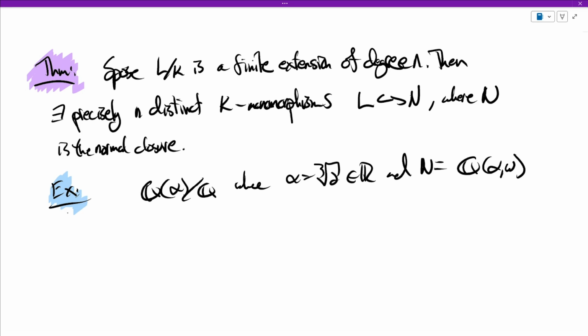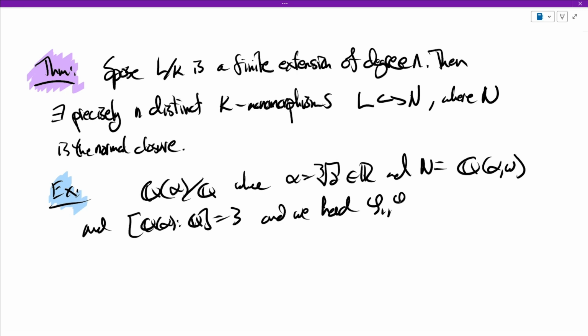And the degree of Q adjoin alpha over Q is clearly 3. And we wrote down these phi's, phi 1, phi 2, phi 3, our monomorphisms from Q adjoin alpha to N from some of the previous videos. We found exactly 3. And what did we do? Well, we picked where to send the conjugates of alpha. That's basically what we did. And there were exactly 3 of them.